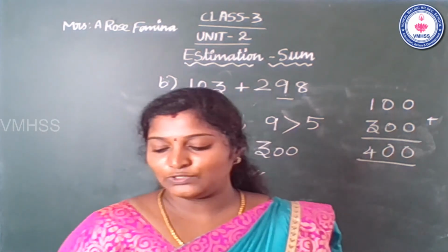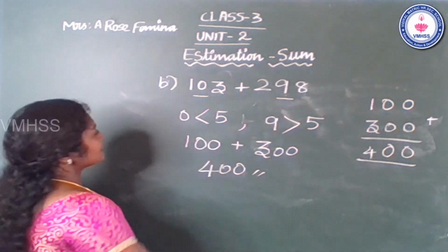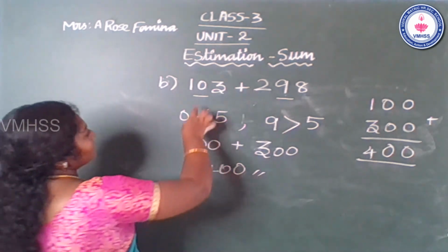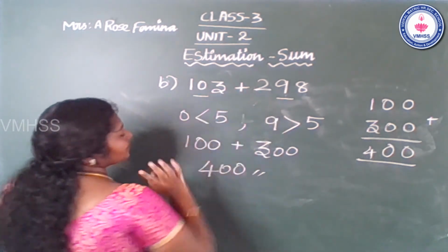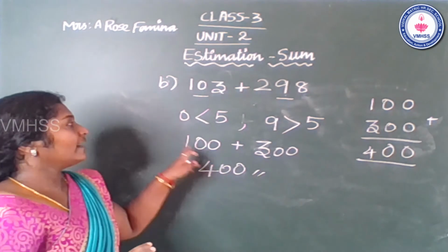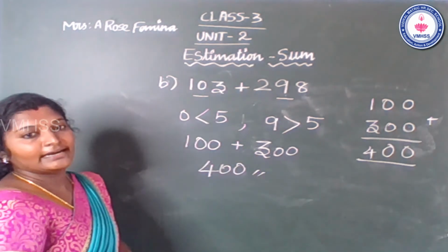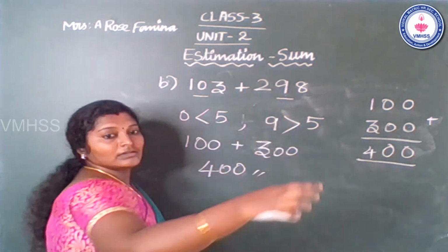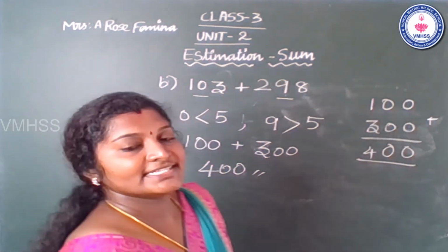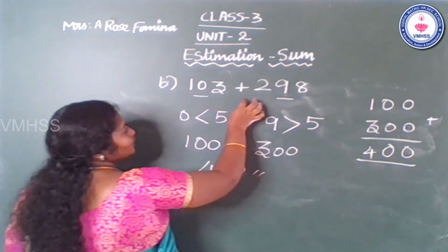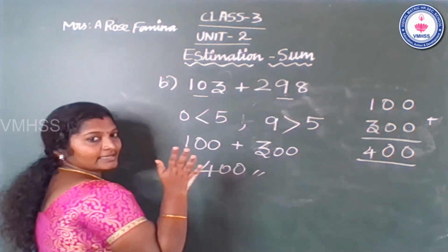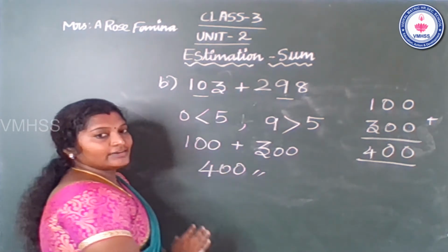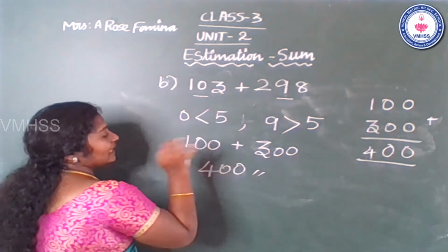Okay, students, do you understand? First, you see the sum 103 plus 298. Compare the tens place, 0 and 9, with 5. 0 is less than 5, so the rounded value is 100.